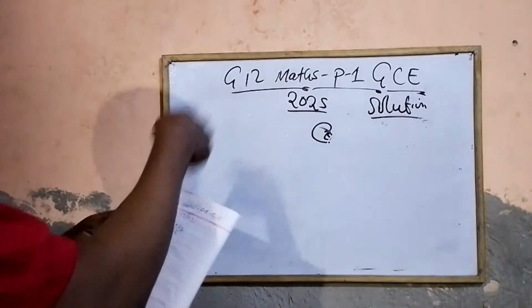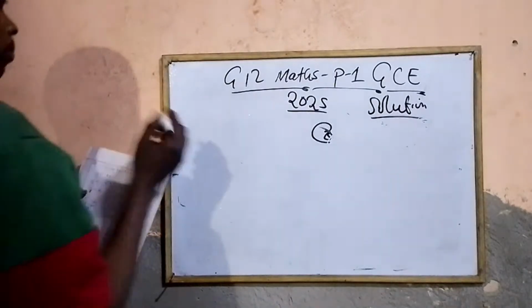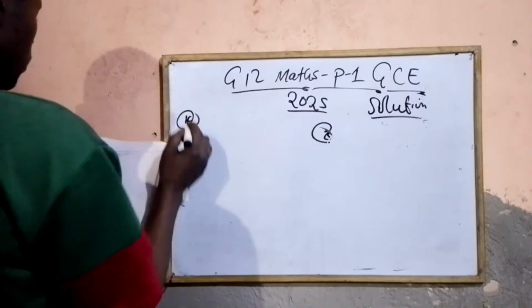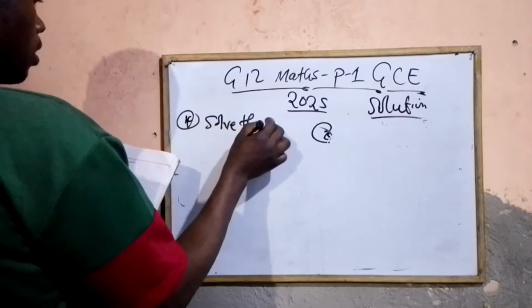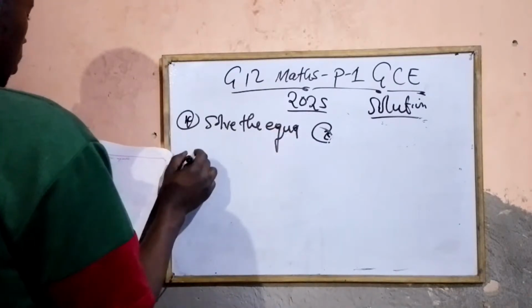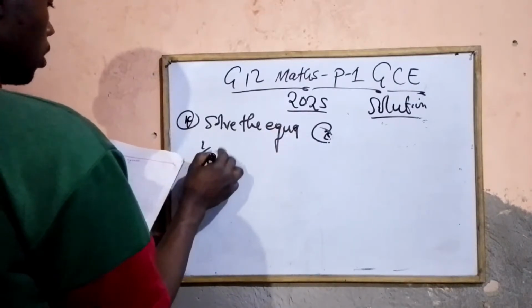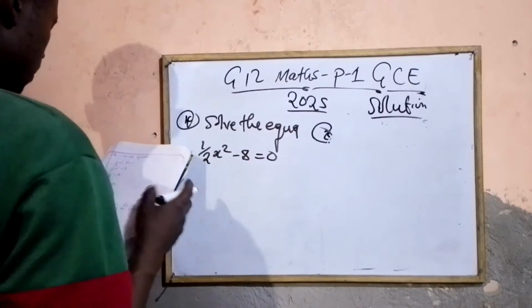So now let's move on to question 4. Question 4 is saying solve the equation, and this equation is 1 over 2 x squared minus 8, which should be equal to 0.